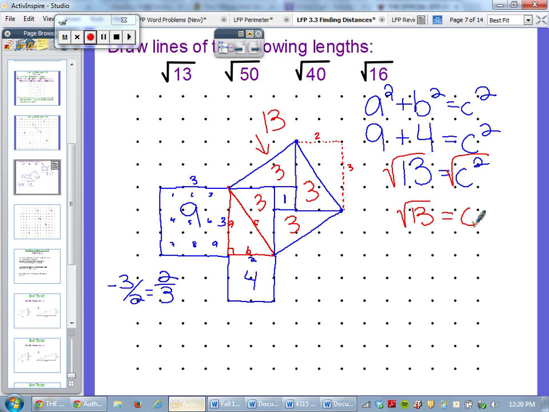But because this is 2013, we have a calculator and we can find exactly what our answer is. So the square root of 13 would be 3.6, roughly. And that would be our answer. That side length is 3.6.